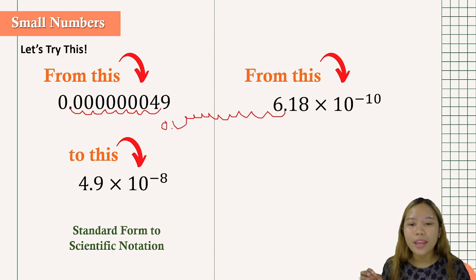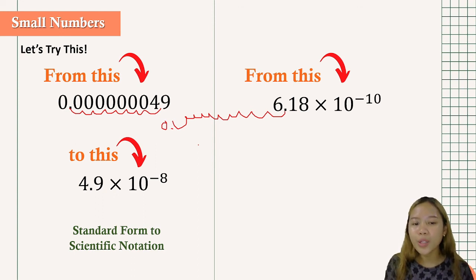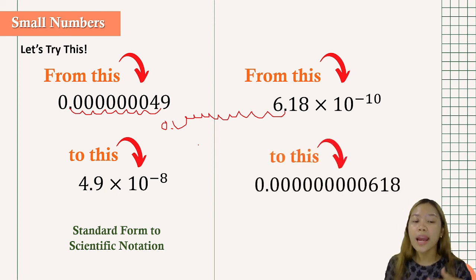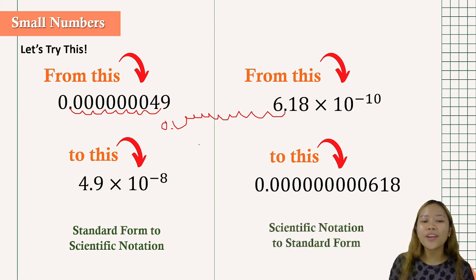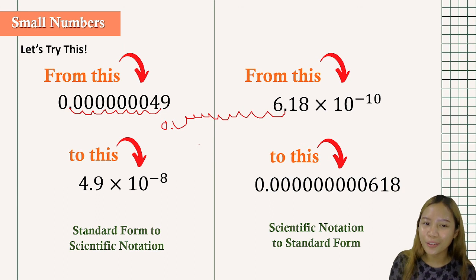So there it is. So for our standard form on the second example, this would be our answer. And that is scientific notation to standard form. Okay, I hope you understood how it was done.